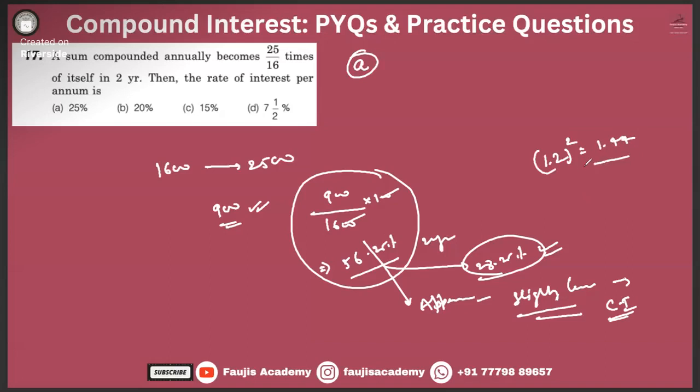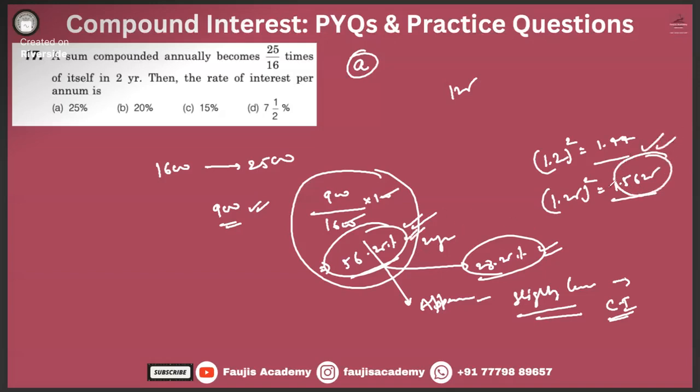But over here we are supposed to reach 56%. And 1.25 square, how much is that? 125 square is 15625, which is 56.25%, and this is what we want.